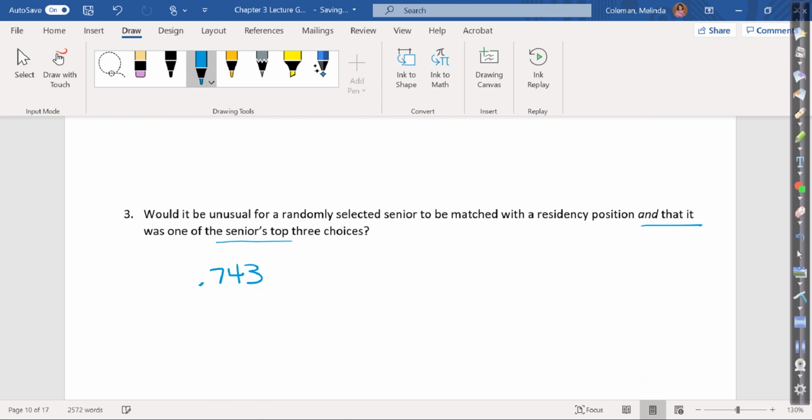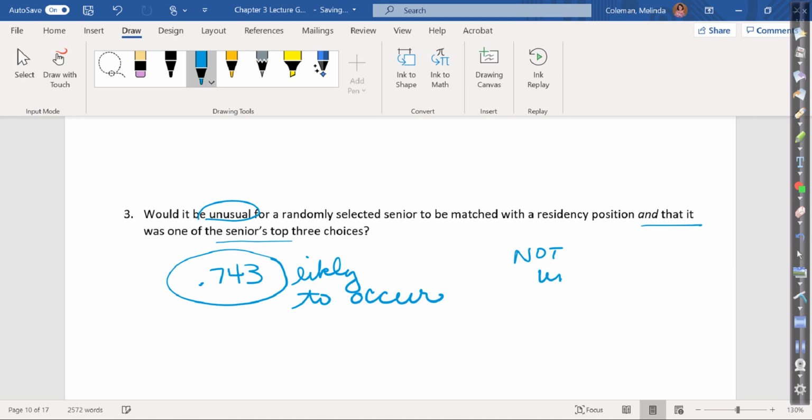So that tells you how likely it is to happen. It's likely to occur. So that tells us then it is not very unusual. So it is not unusual. So it is likely to occur.